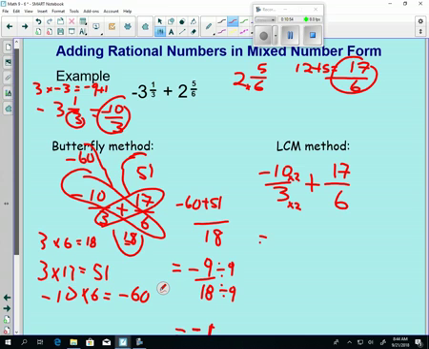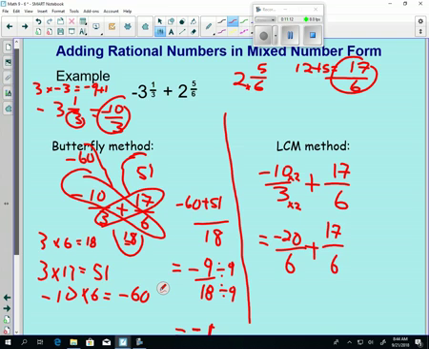So that's going to be minus 10 times 2 is minus 20, and 3 times 2 is 6. We already have 6 over here, so they're common. Now we can add the 2, and again, remember that the higher number is negative, so our answer is going to be negative.